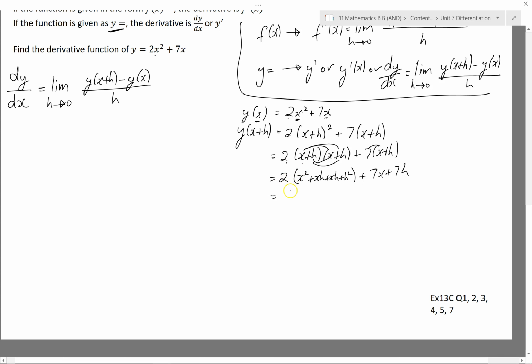So I'll just probably simplify inside first. x squared plus 2hx plus h squared. So I only have 3 terms. And then give the 2 to each of these.